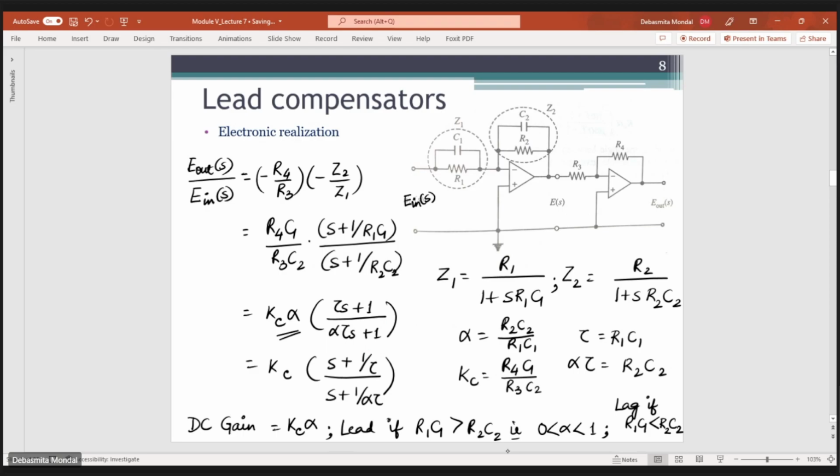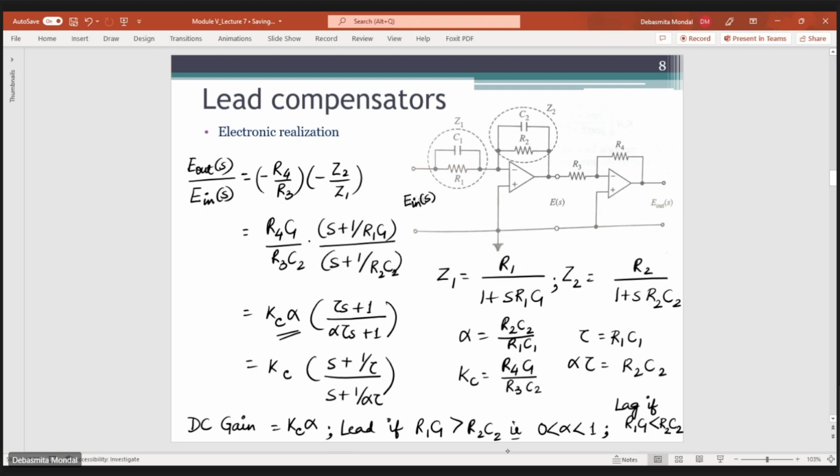So you can simply do the calculation. If alpha is given by this and Kc is given by this, then the DC gain of the overall system is equal to Kc into alpha, and this system will be a lead network obviously if the value of alpha is less than 1. Alpha less than 1 means R1C1 should be greater than R2C2, right?